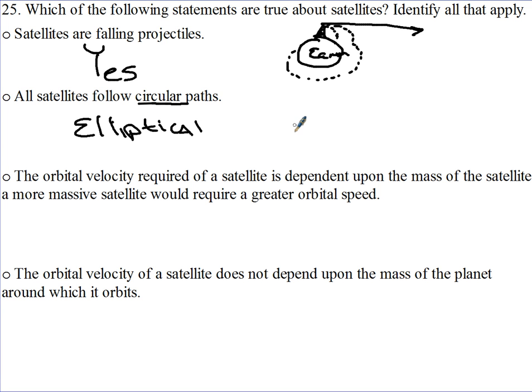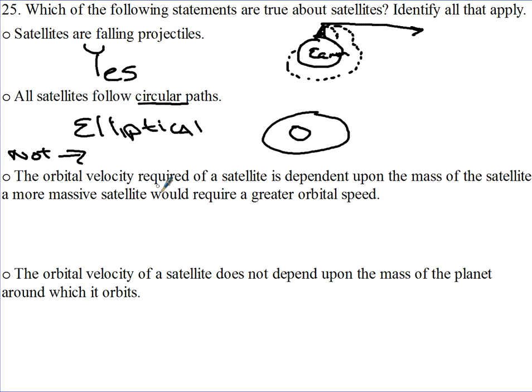So basically, they're not perfect circles. For our class, we're always going to assume they're making perfect circles. So this one's no, it's not true, but we're going to assume it's true.